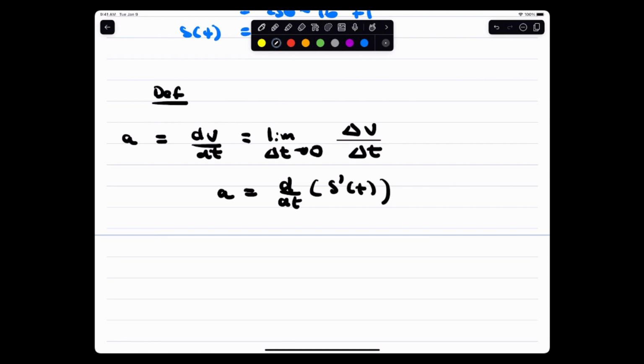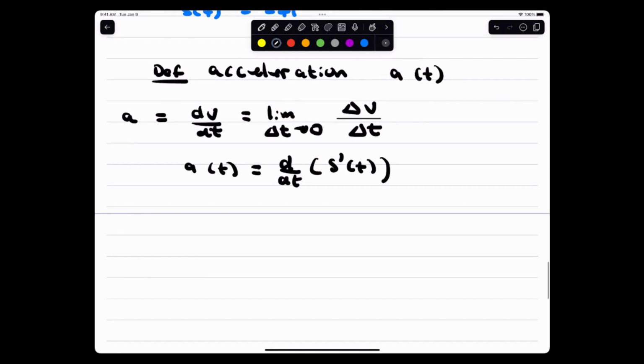Velocity function. Yep. So this is acceleration. It's your acceleration function. Change in velocity over time, ladies and gentlemen, dv dt. Remember, this is v.